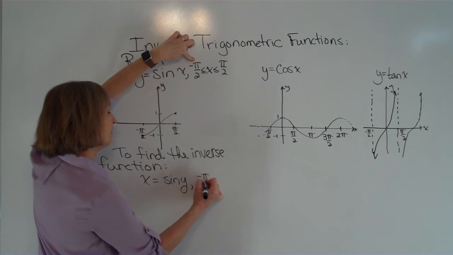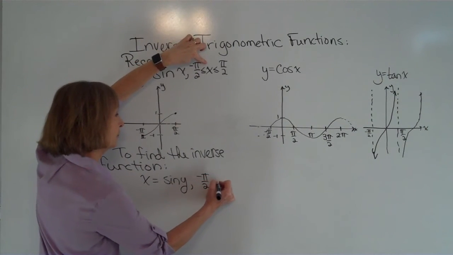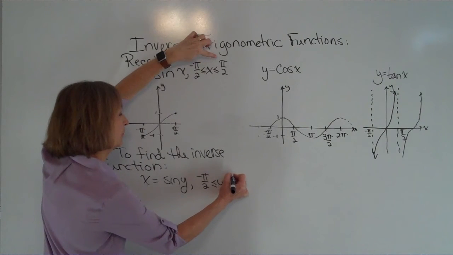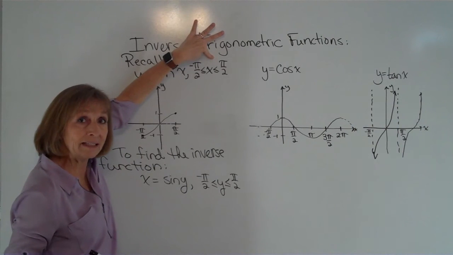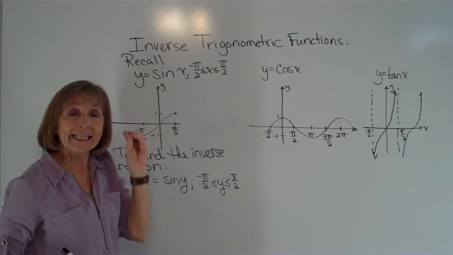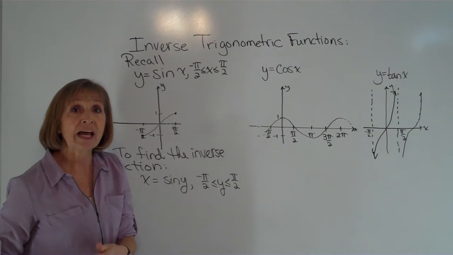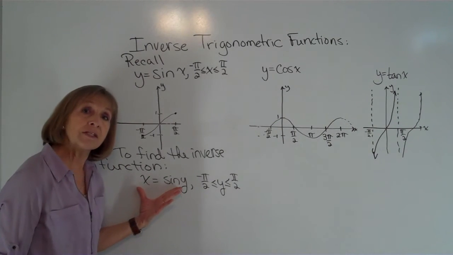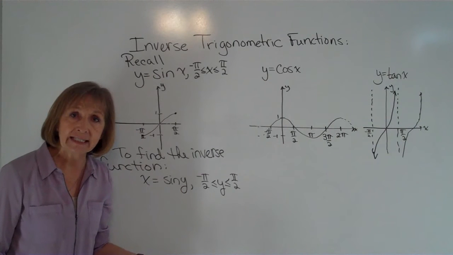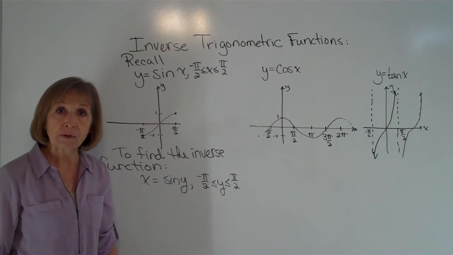So negative pi over 2 is less than or equal to y is less than or equal to pi over 2. The restriction on the domain of the original function ends up being a restriction on the range of the inverse function.